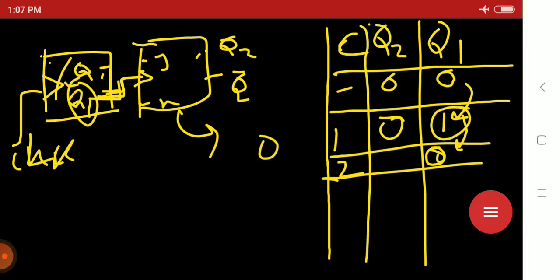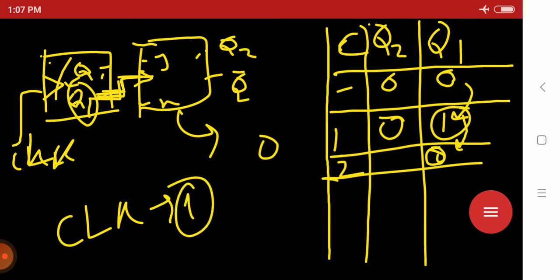Q1 bar is giving 1 to the second flip-flop. After getting 1, that means the clock pulse is 1, the flip-flop will be on. This flip-flop being on means it will toggle the previous state of Q2. The previous state of Q2 is 0, and toggled it becomes 1.